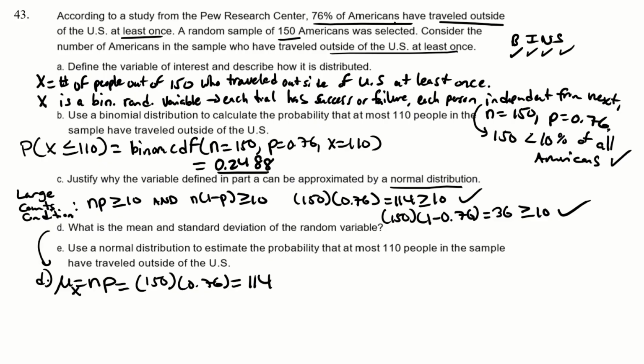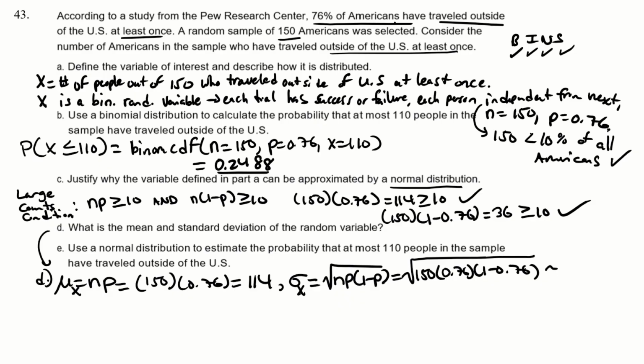And then the standard deviation is square root of np times 1 minus p. So square root of 150 times 0.76 times 1 minus 0.76. And if you calculate that, that's approximately 5.231.